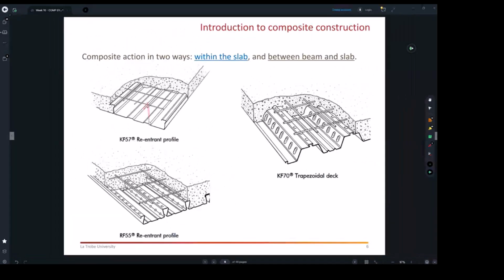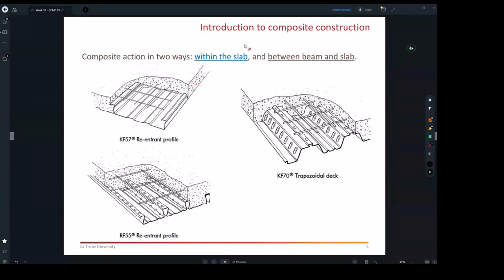So I can say this is number 1. It is the weakest. This gets to number 2, and this one gets to number 3 in terms of the strength. You would need maybe for a bridge, traffic loads, you would think about using this heavily profiled deck. But this is for lighter and this is even lighter. So here I'm talking about within the slab.